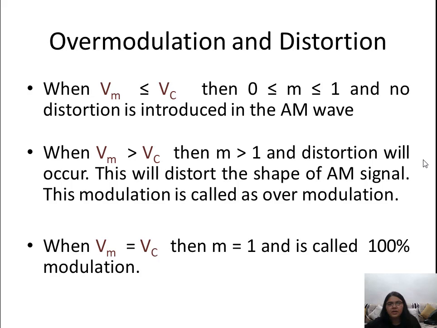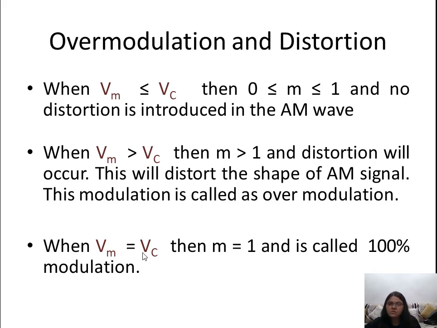Now this is the graph for these values. If m is equal to 50%, then you can see over here the perfect modulation. What does that mean?